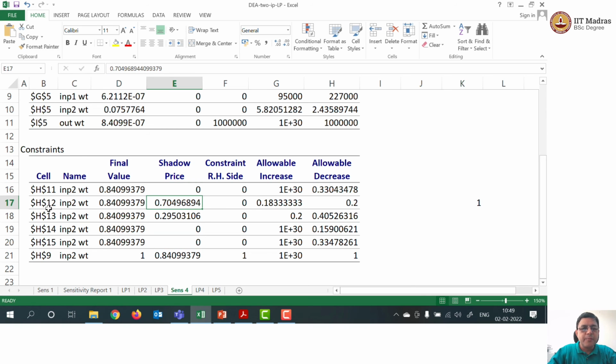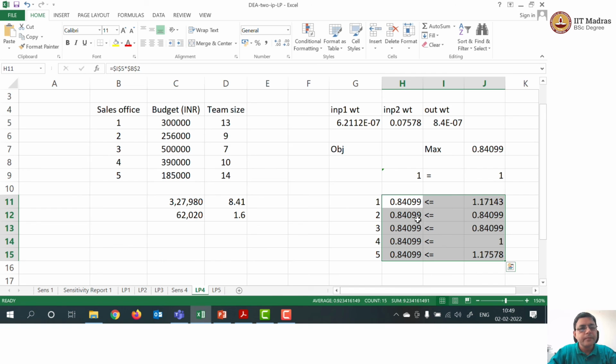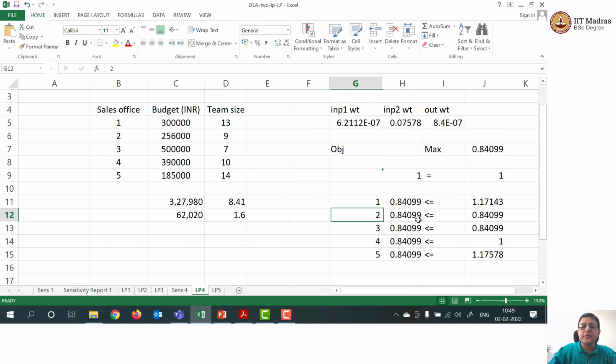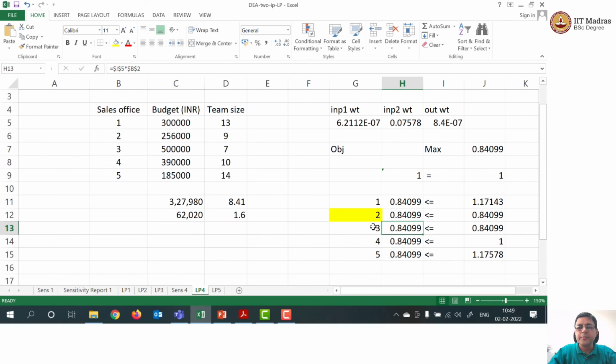This 0.7 corresponds to H12. What is H12? H12 is this DMU. Similarly, 0.29 is the dual variable corresponding to the constraint H13. H13 corresponds to DMU3.